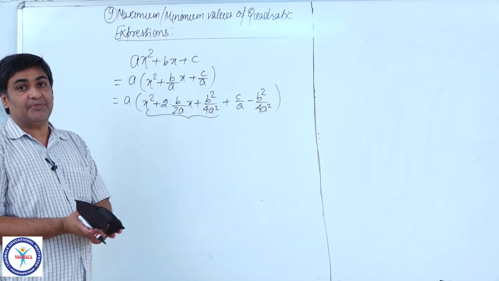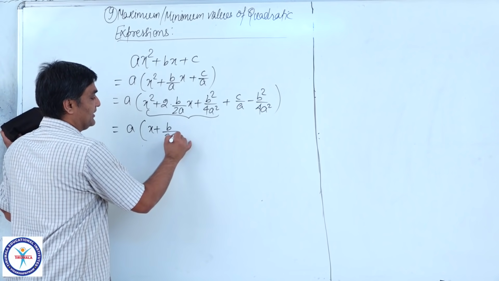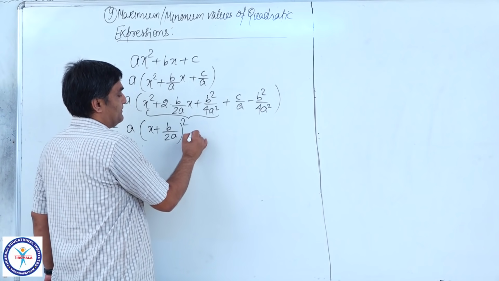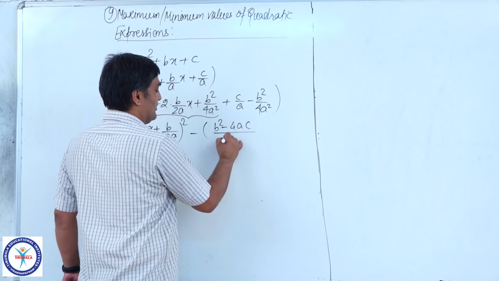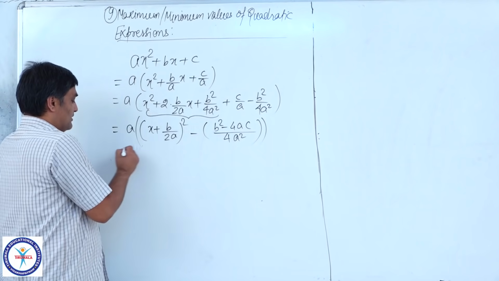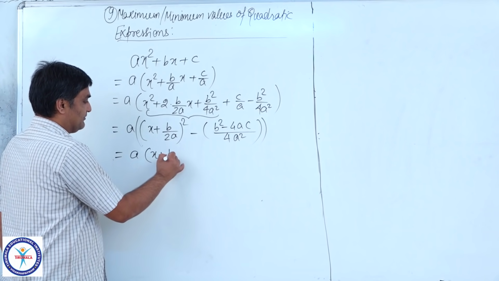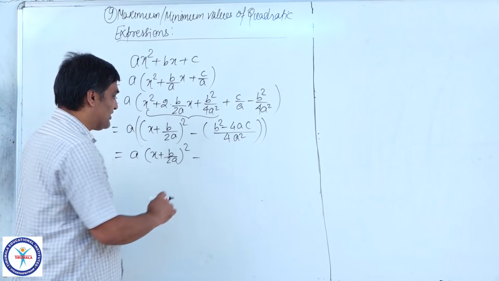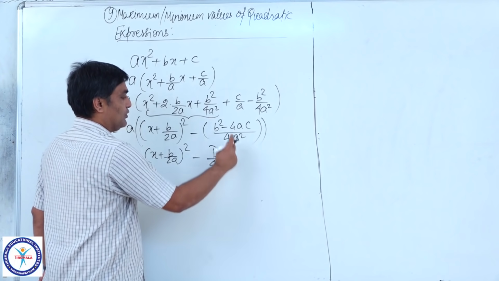So, it is a x plus b by 2a whole square minus b square minus 4ac by 4a square. And we can symbolize it as a x plus b by 2a whole square minus d by 4a, since b square minus 4ac is nothing but the discriminant, d, and one a will cancel out.